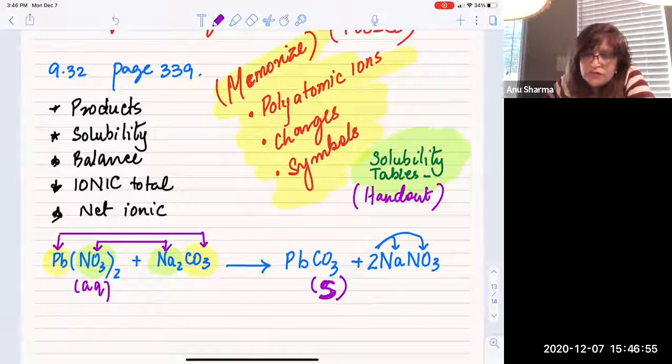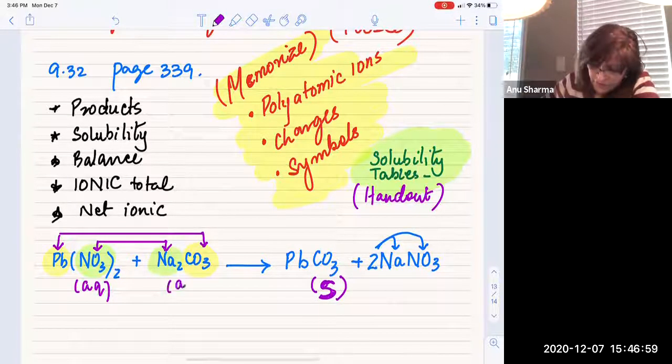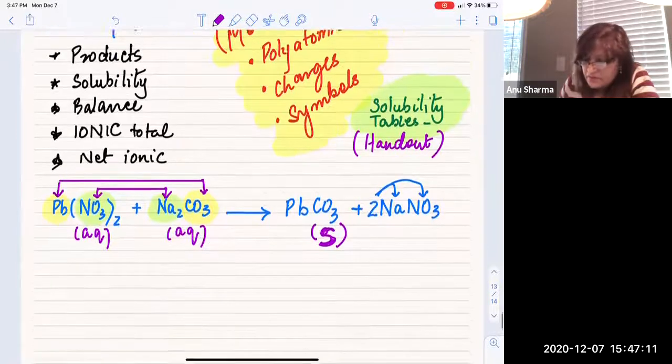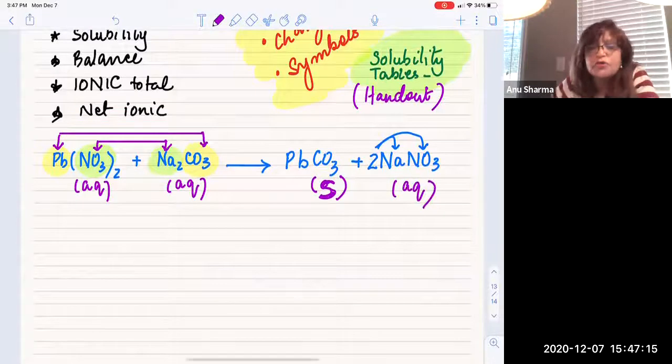Wait, that's insoluble, oh sorry, solid, not insoluble. Soluble because group 1A, right? All group 1A are soluble. Okay. What about sodium nitrate on the other side? Aqueous, solid.